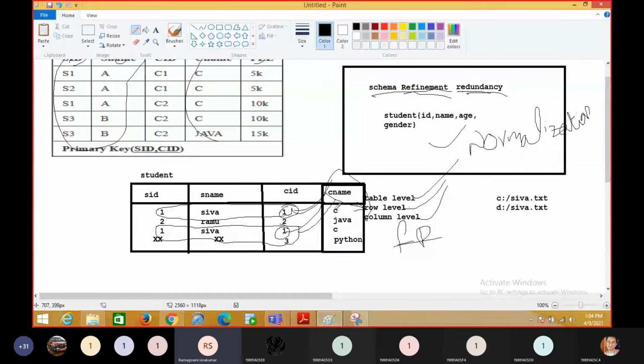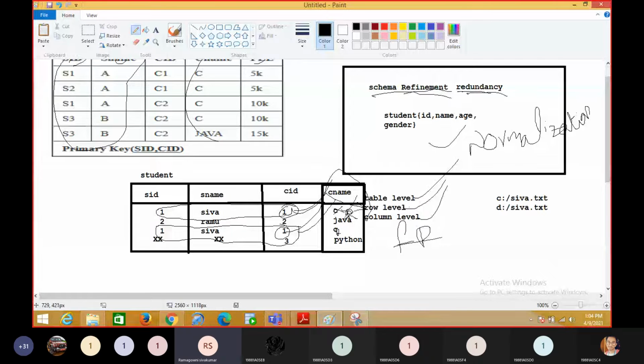Here I am updating C to some other data, R language. Wherever you update the C value, it should be updated here also.